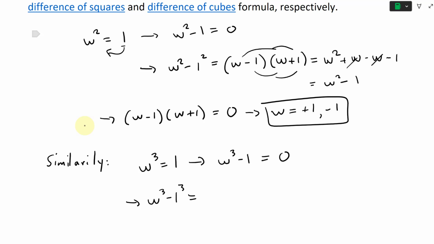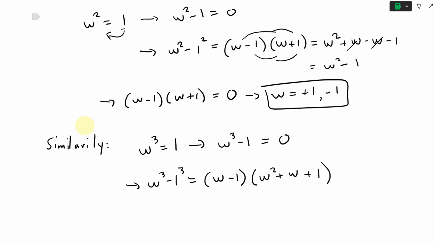Now the formula for this one, using the difference of cubes formula from our earlier video, we're going to get w minus 1 times w squared plus w times 1 plus 1. And we can expand this out to confirm.